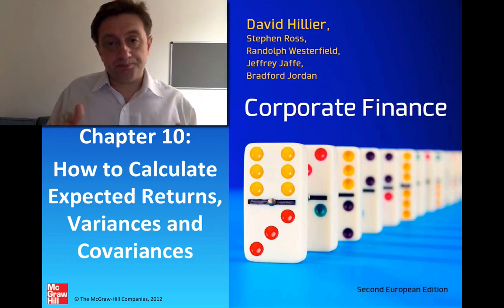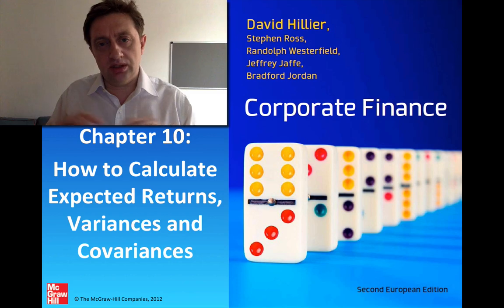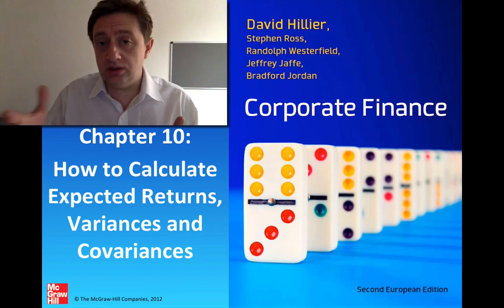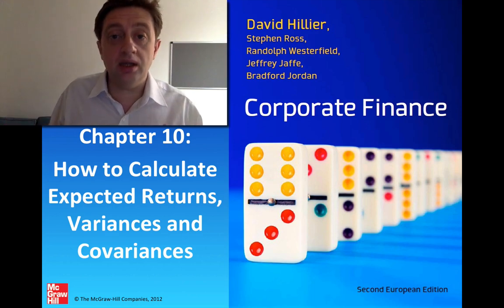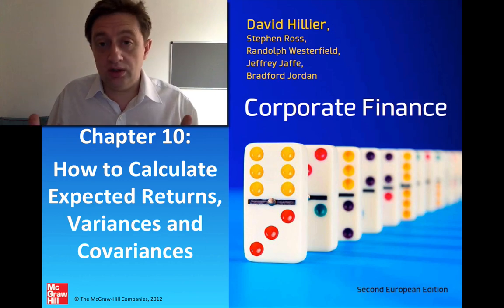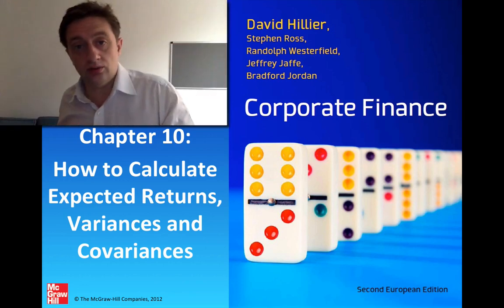But another way of doing it is to actually get a bit more theoretical, a bit more analytical, and say, well, okay, are there models, are there drivers, are there determinants of returns? So, for example, you could say, well, okay, if you're operating in the mining sector, you see on a daily basis that mining stocks go up at the same time and they tend to go down at the same time.